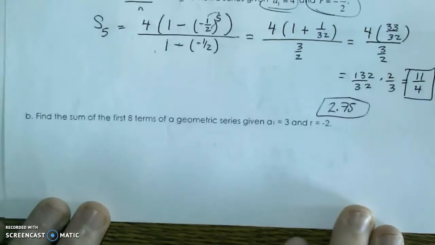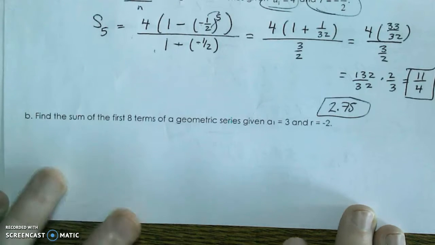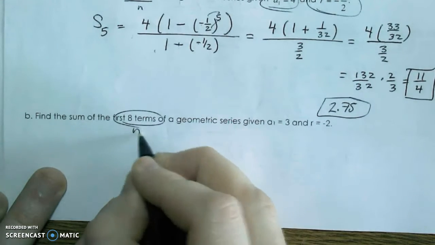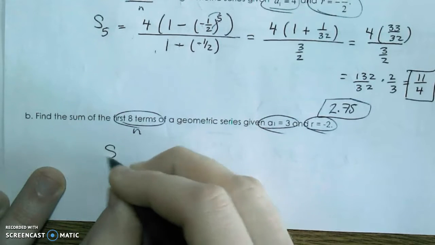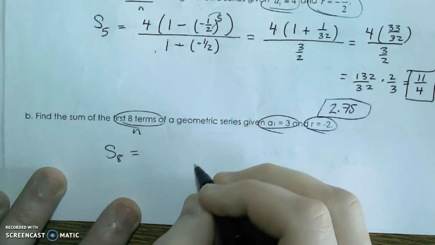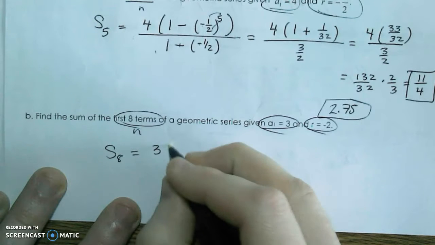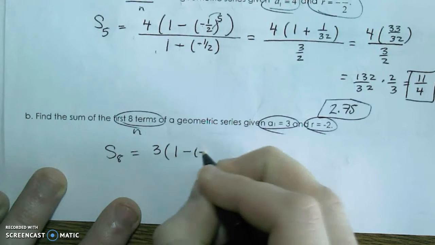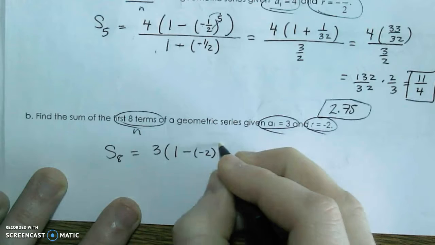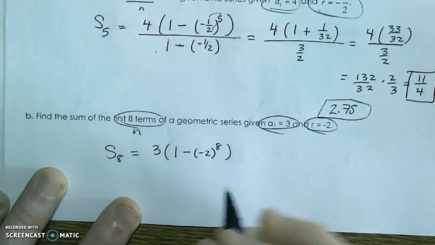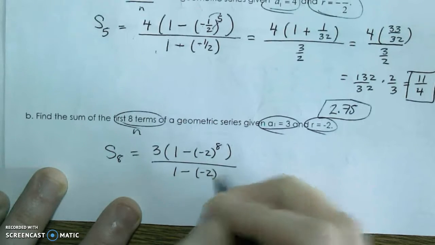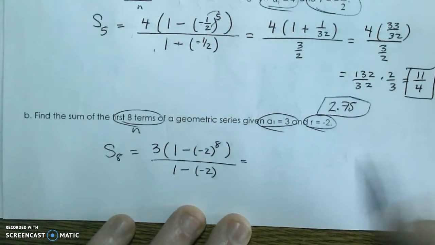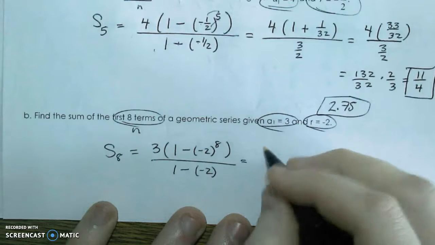B, if you want to try that on your own, go ahead and pause the video and try it. But my n is 8, a1 is 3, r is negative 2, so that is what we need. So we start with a1, then we have 1 minus our r to the nth, which is 8, over 1 minus r, which is negative 2. And so we're going to do negative 2 to the 8th first.